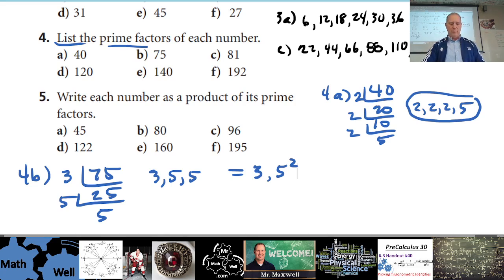So for 4, if we just look at 3.1, so what do they do here? So for number 4, in the back of the textbook, for B, they just write 3, 5, that those are the prime factors in there.